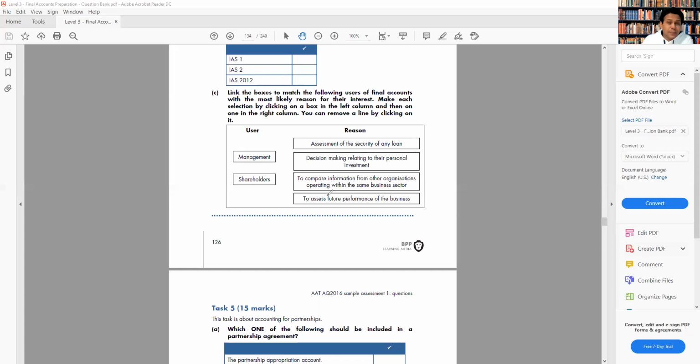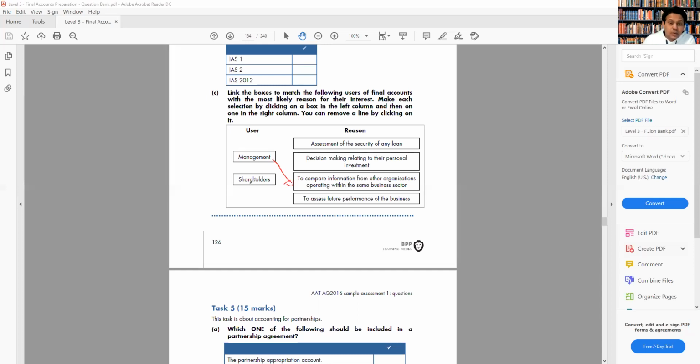Remember, the management's main responsibility is to compare. So comparison of internal data, this year with last year, our data with the industry data. Comparison is the main job of the management accountant. So this is the reason they want to see the financial statement. So we said to compare.